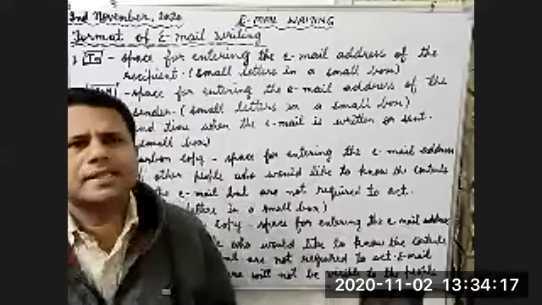In carbon copy, I will enter the email address of other people who would like to know the contents of the email. But the thing is, they are not required to act. They will not give the answer. Who will give the answer? Rahul will give the answer, because I am actually addressing the email to Rahul. So Rahul will act. Rahul will give the response.